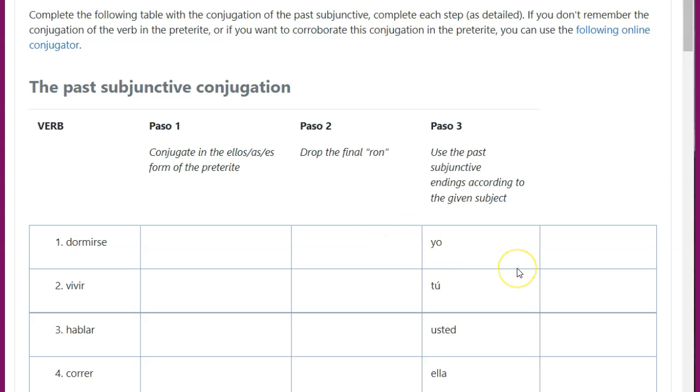So yo me, me is the reflexive pronoun conjugated according to the subject, and the subject is yo. Yo me durmiera. Yo me durmiera. That would be your answer here.